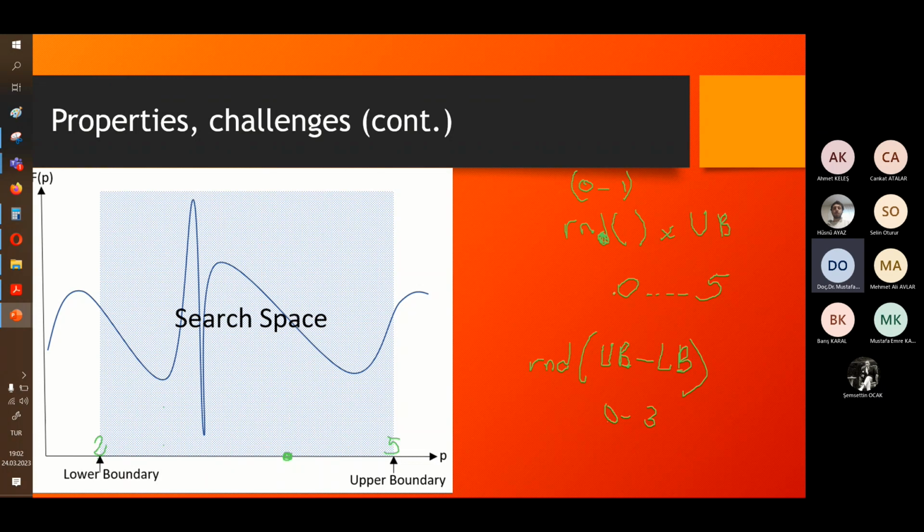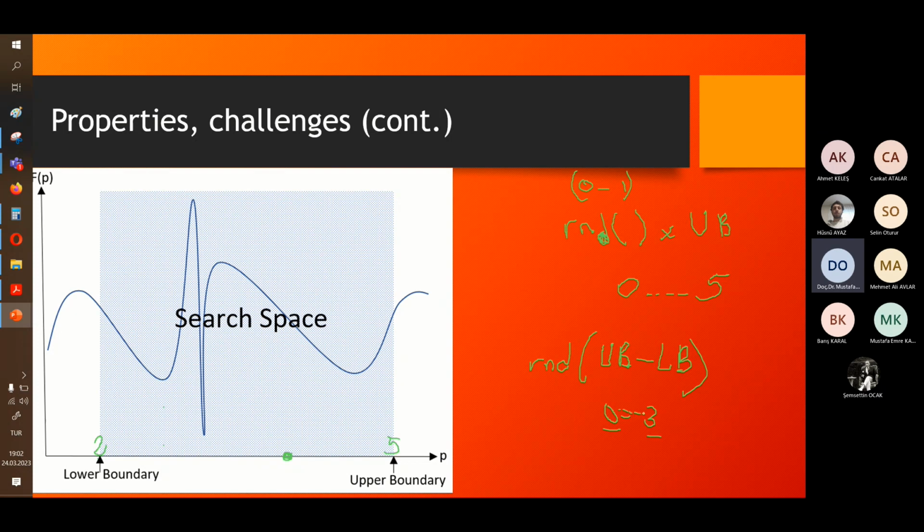When I multiply it with random, which has values between 0 and 1, at the minimum it could be 0, so 3 times 0 will be 0, and at most it can be 1, so 3 times 1 will be 3.